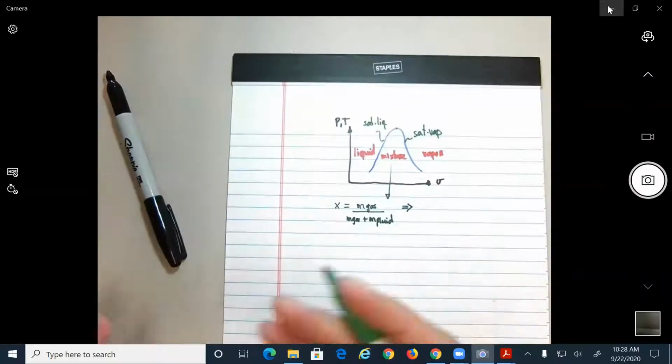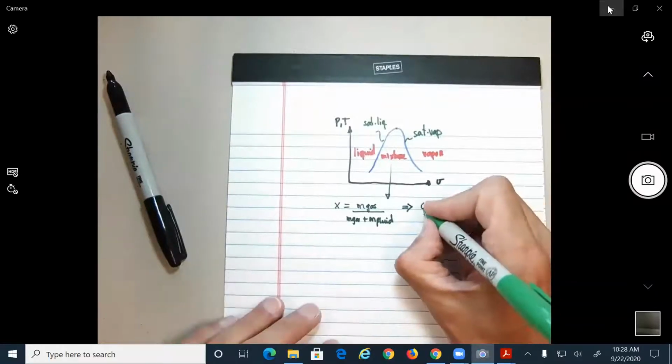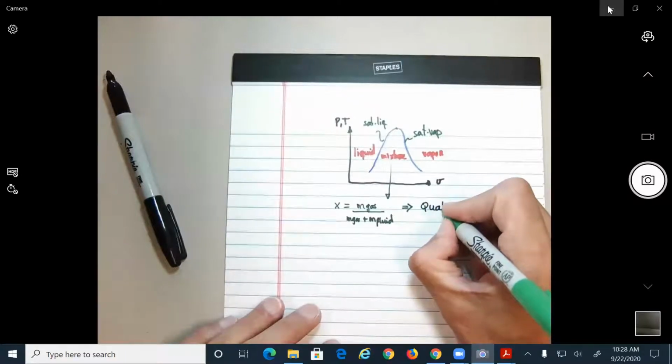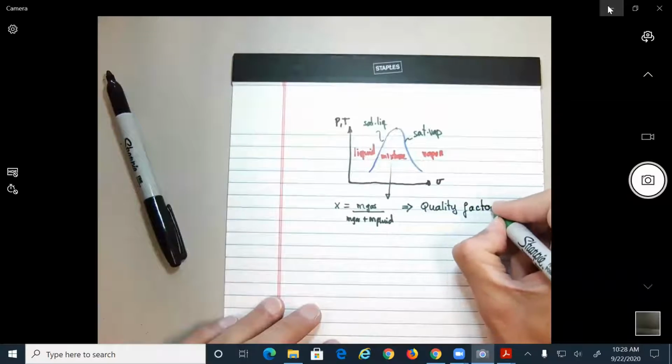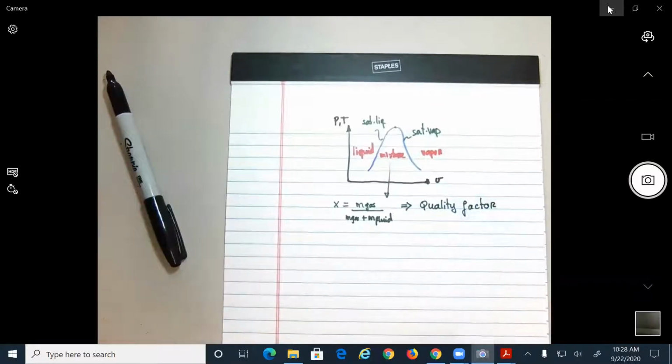But it has a name in thermodynamics. They call it the quality factor.